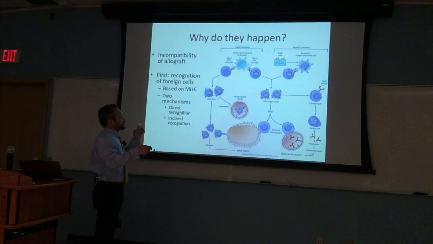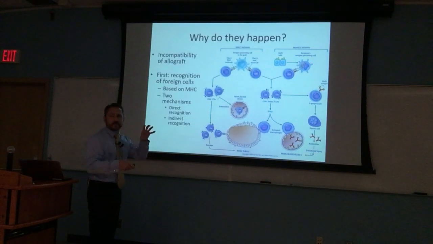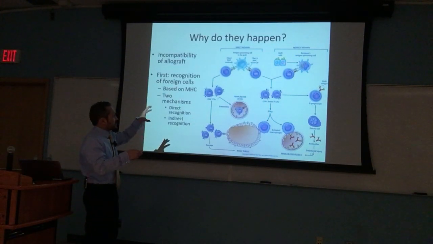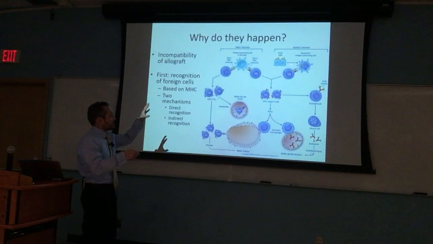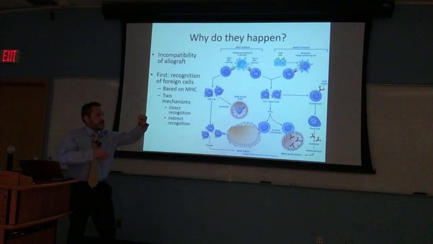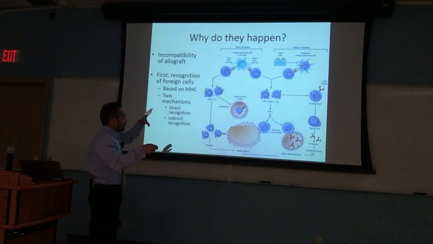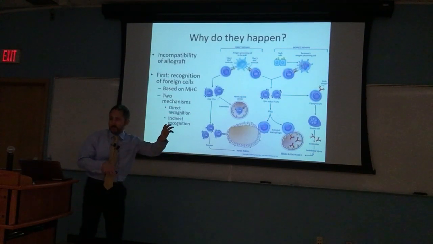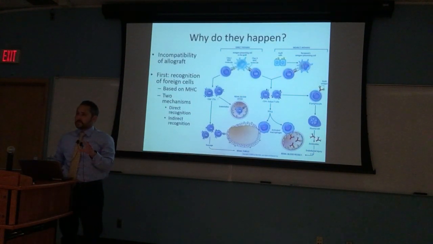So in the indirect pathway, you've got the graft cells, and the recipient's antigen-presenting cell, like a phagocyte, sees that there's an expression of an antigen, finds it to be foreign, and displays it to CD4. It's using an MHC class II display mechanism because it's helper T cells.